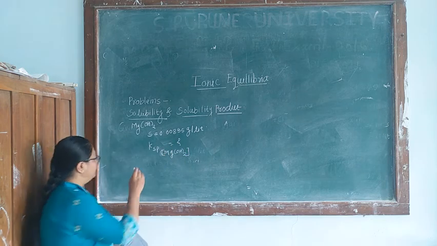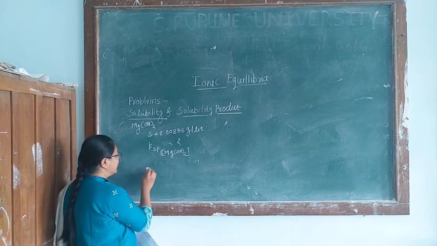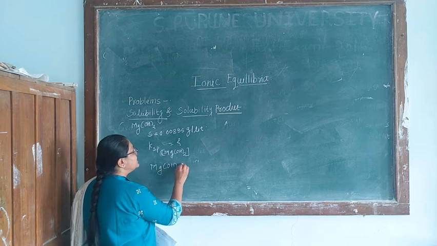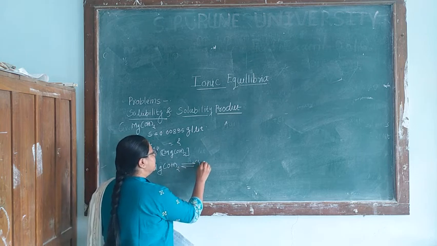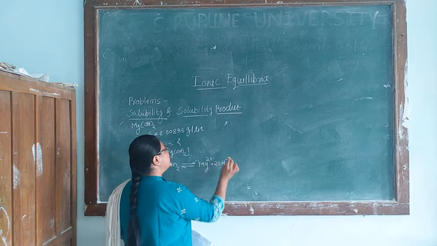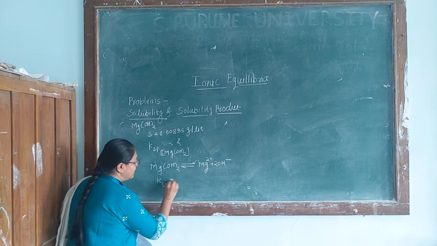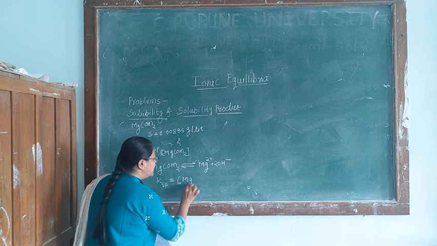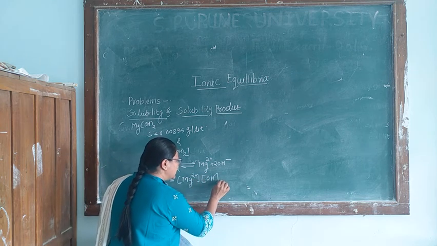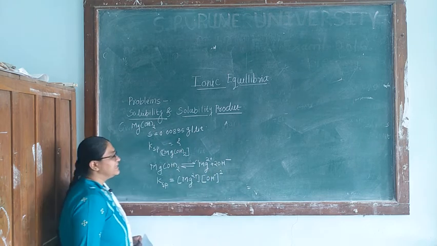Now, we will first write the relation between the solubility product and solubility for magnesium hydroxide. Magnesium hydroxide dissociates as Mg2+ and twice OH minus, twice the hydroxyl ion. Therefore, solubility product will be equal to the ionic concentration of magnesium 2+ ion into the ionic concentration of hydroxyl ion raised to the power 2, because 2 ions of OH minus are formed.